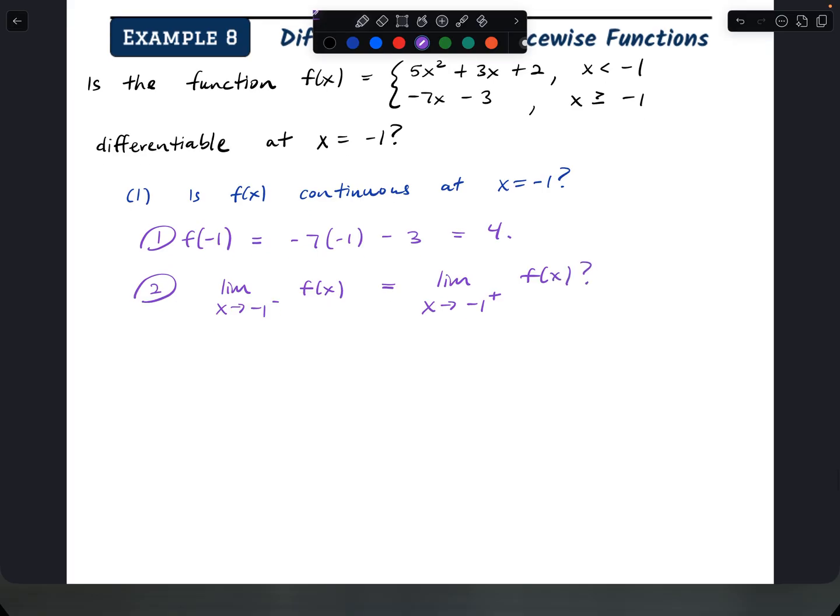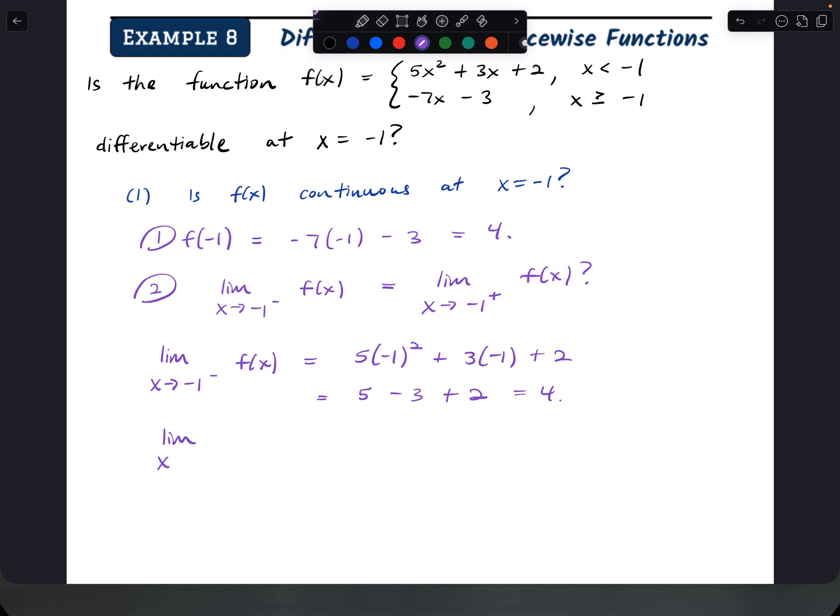The limit as x approaches -1 from the left of f of x, plug into the top. So 5 times -1 squared plus 3 times -1 plus 2. -1 squared is 1. 1 times 5 is 5. 3 times -1 is -3, plus 2. 2 plus 2 gives me 4.